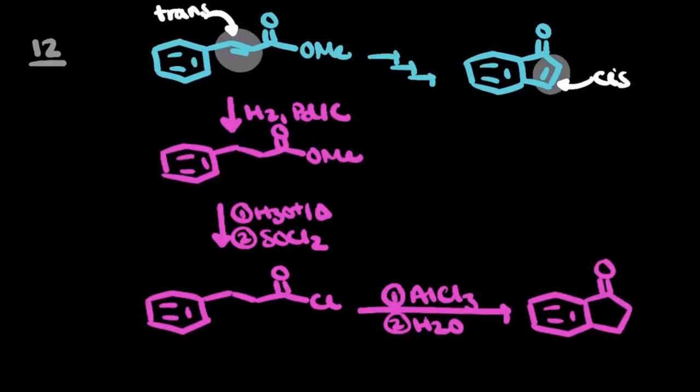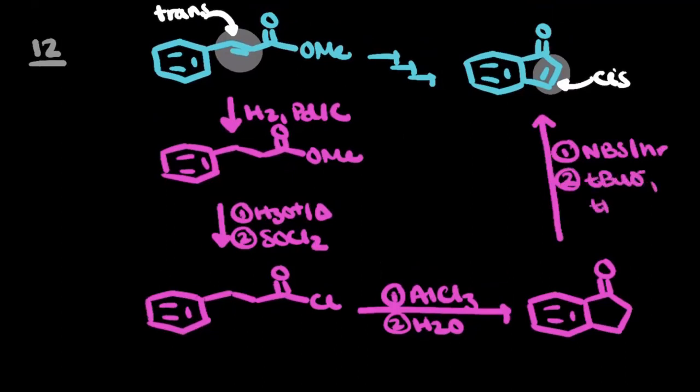And now we need to go in and get that double bond there somehow. Any ideas? You could do a benzylic bromination and eliminate. Yep, so you could do benzylic bromination and eliminate. Or instead of benzylic bromination, you can also do acid catalyzed bromination as well.